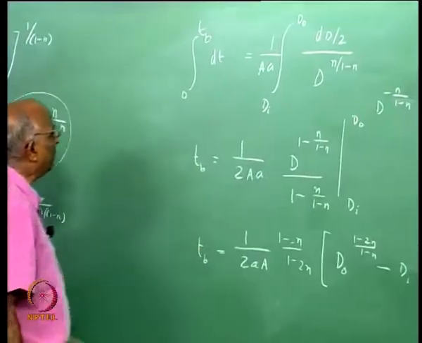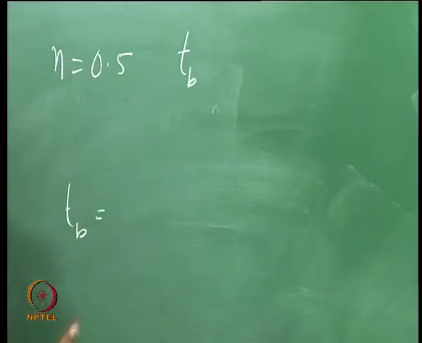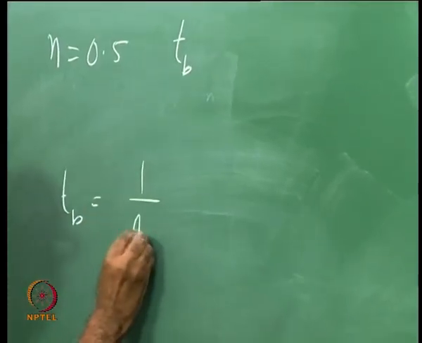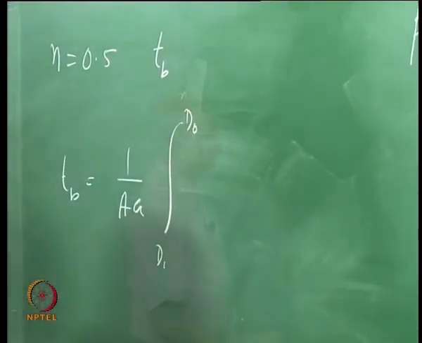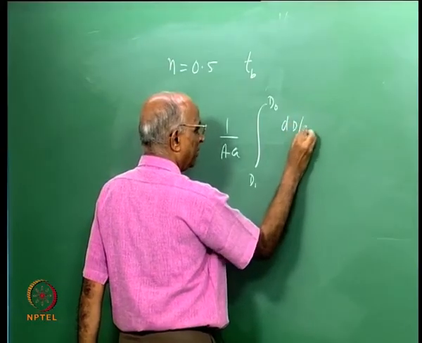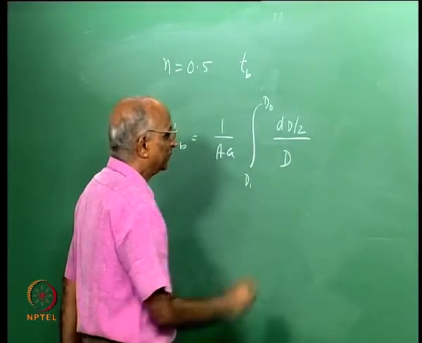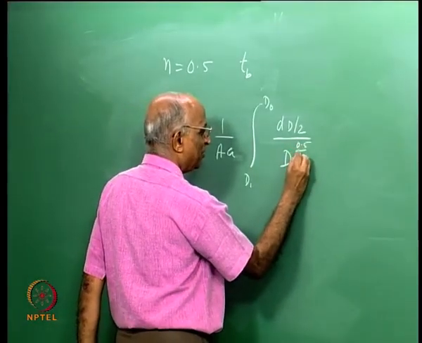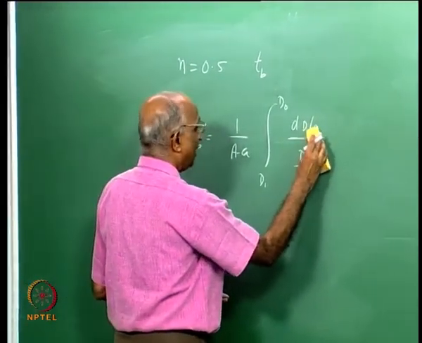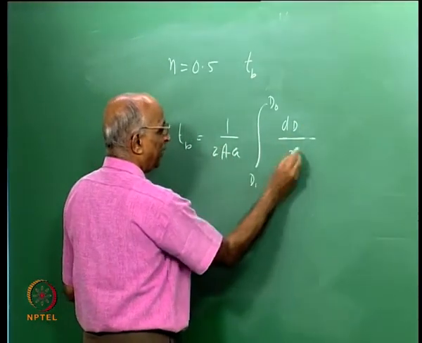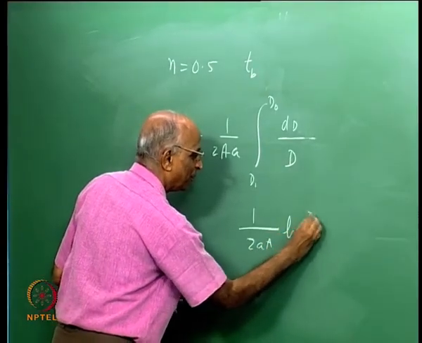Our integral is Tb equal to, let me write that, 1 over a into the integral from di to dO of dd by 2 divided by d to the power 0.5 divided by 0.5, and therefore, I will take 2 over here, and this gives me, for n equal to 0.5, 1 over 2a ln of dO by di.